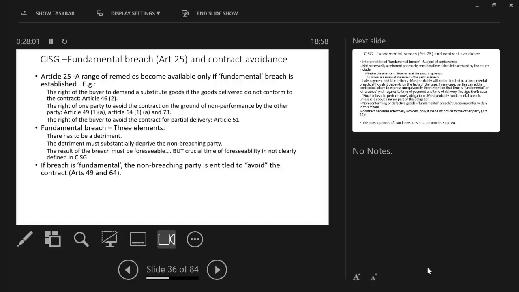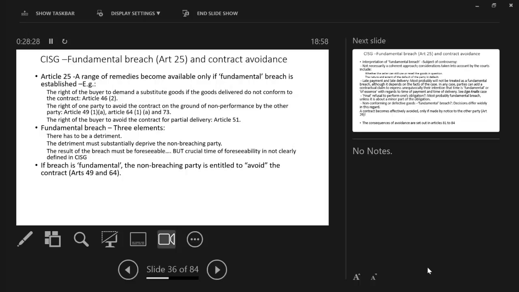A fundamental breach requires a detriment, the detriment must substantially deprive the non-breaching party, and the result must be foreseeable. If the breach is fundamental, the non-breaching party is entitled to avoid the contract.